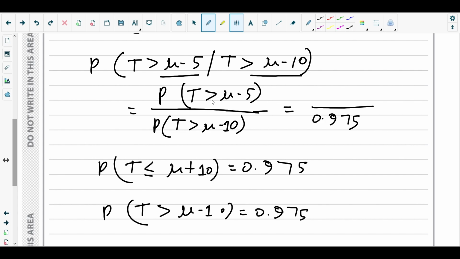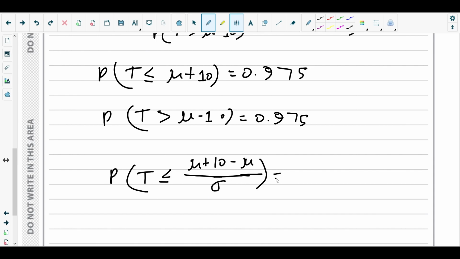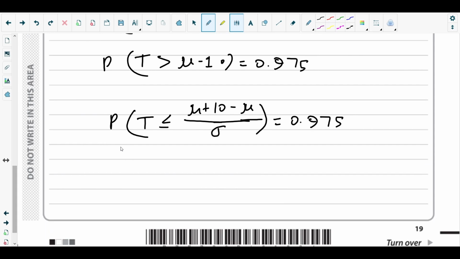Okay, next is the numerator. For the numerator they wanted t greater than mu minus 5. That means we need to find out the value for mu. So we know that the probability of t less than or equal to mu plus 10 is 0.975. So standardize the value: mu plus 10 minus mu, over sigma, equals 0.975. Now we need the inverse normal.